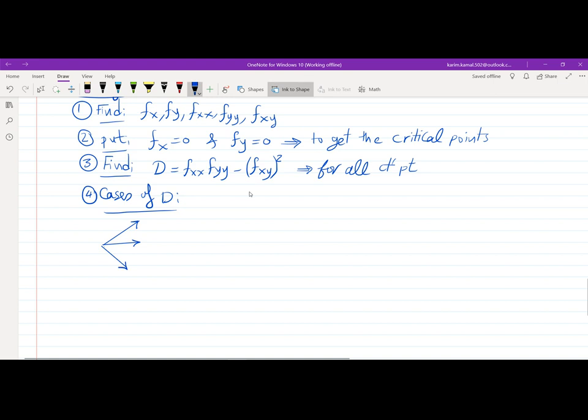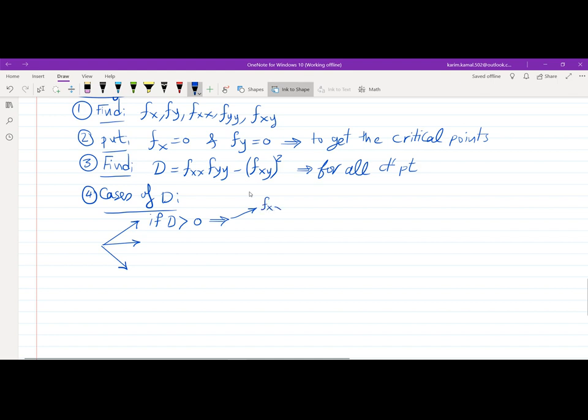First of all, if D is bigger than 0, then you have to look at fxx at this point.